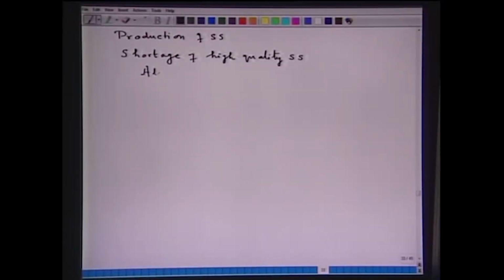So, this required alternative charge materials. Now, what are these alternative charge materials for production of stainless steel? One, carbon steel scrap.